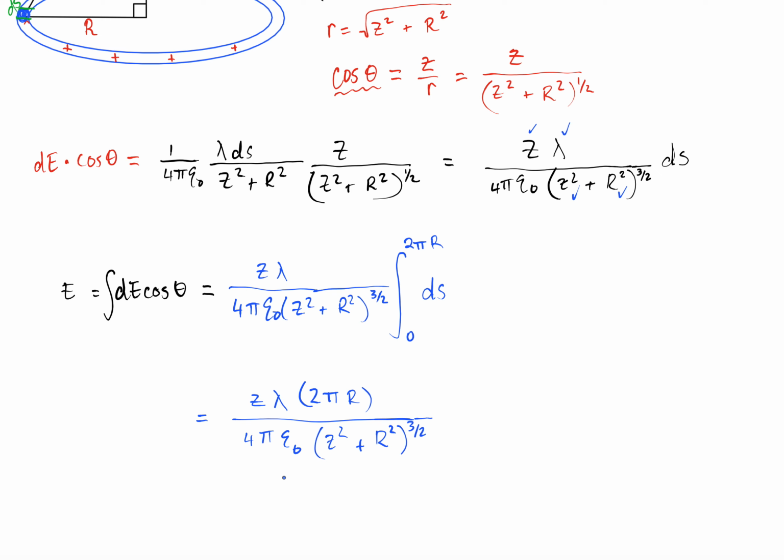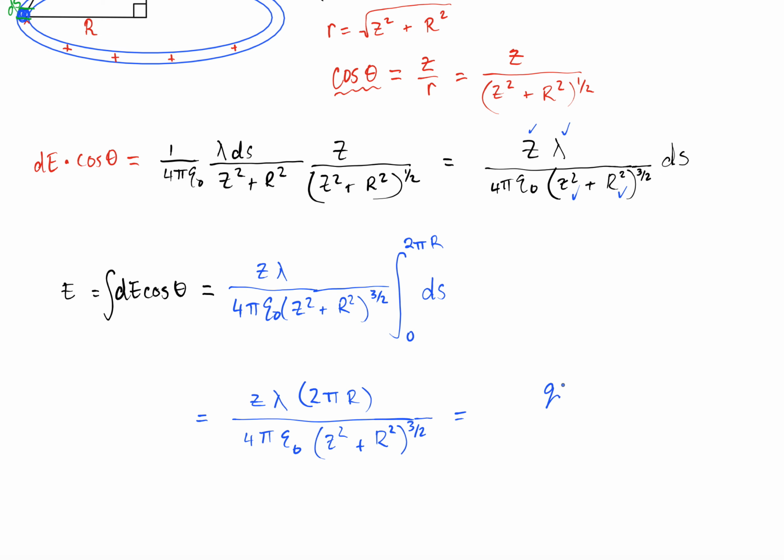And so if we want to rewrite it, instead of using z lambda, we could put this as q times z, because that would be the full amount of charge that's on the ring. So I'll go ahead and write that in as well.